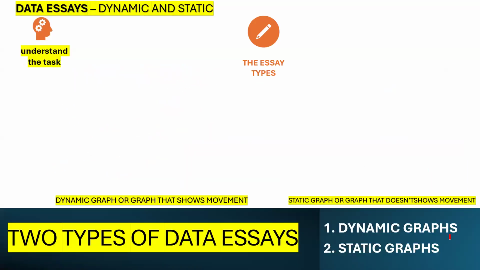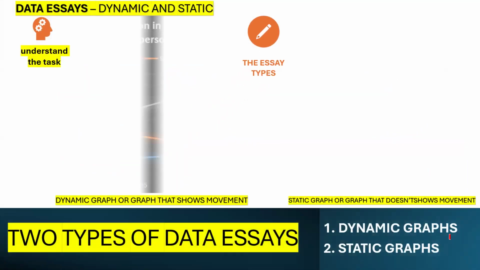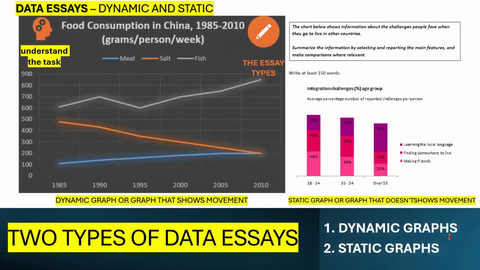Again, to understand the task means to understand the essay types, the essay structure, and the subject. There are two essay types in data essays: the dynamic graph and the static graph.